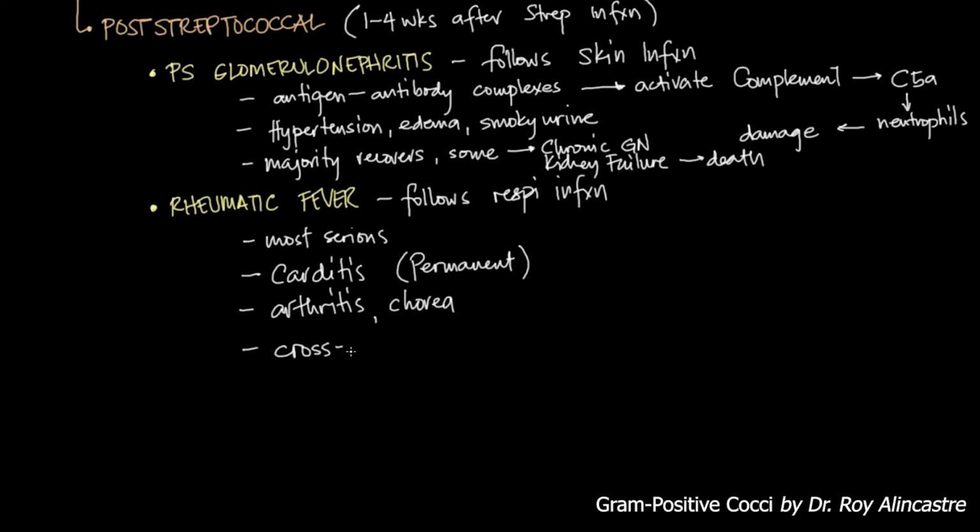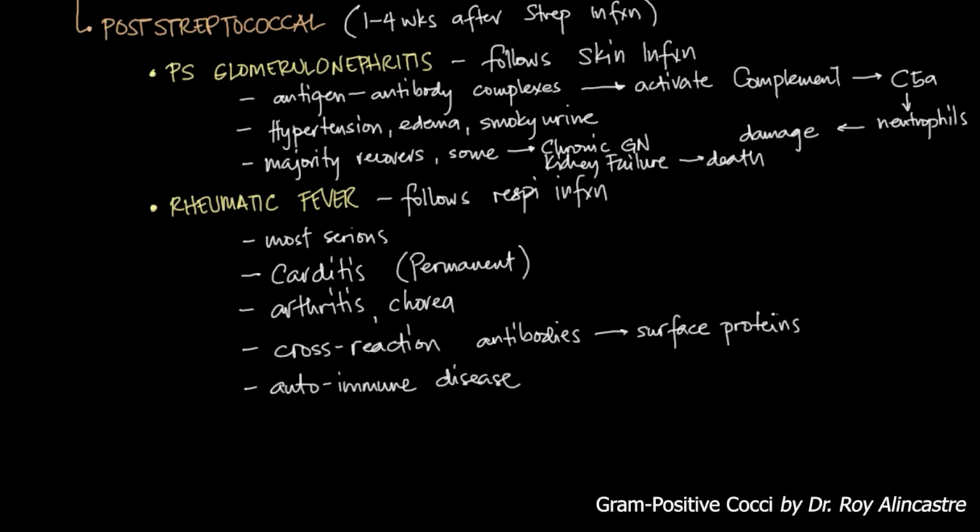So what actually happens is that there is an immunological cross-reaction between antibodies formed against the M proteins of strep pyogenes and the proteins on the surface of the joint, the heart, and the brain tissue. So in other words, the patient's own antibodies are damaging the body's own tissues because the tissues look like the strep bacteria that the antibodies are supposed to go against, no?